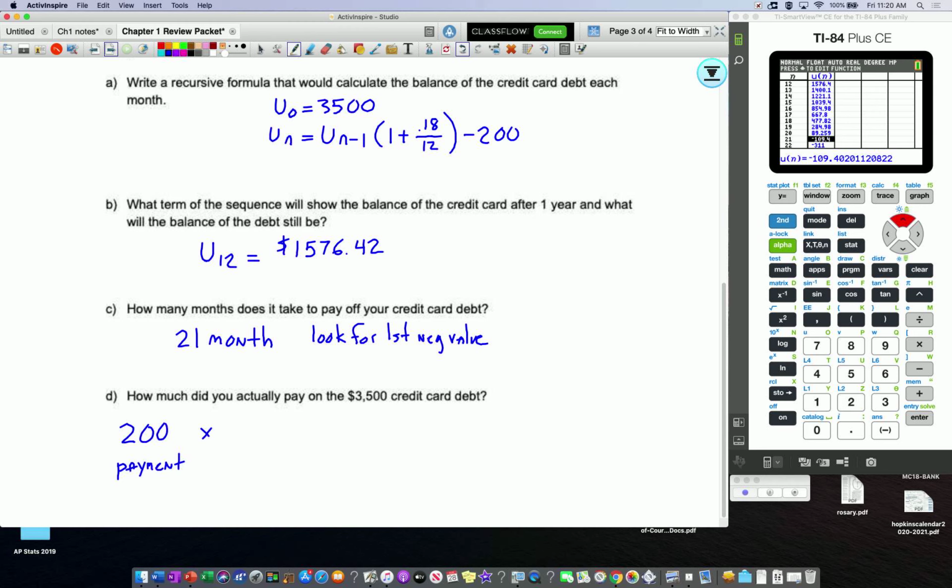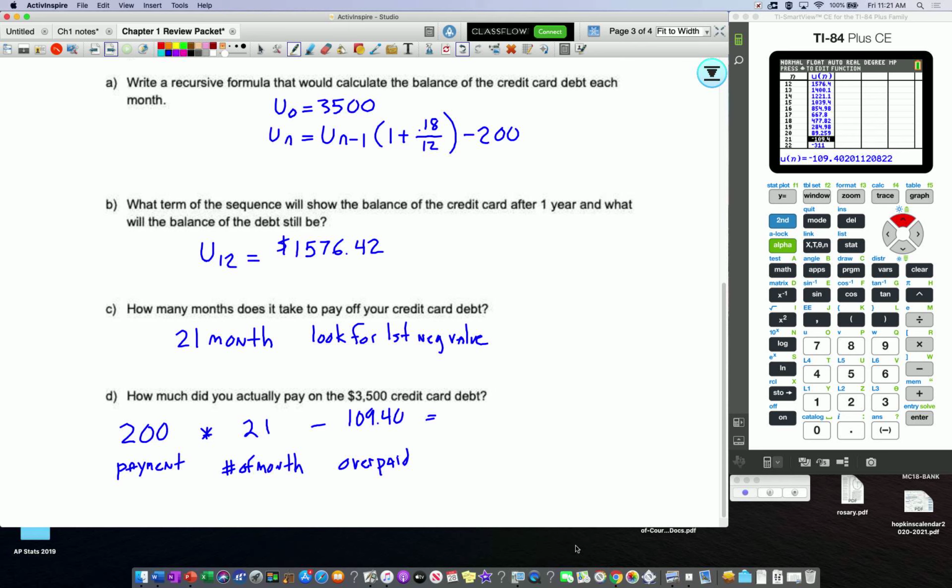I need to multiply that by 21, which was the number of months that I paid $200. However, that last month, I overpaid by, and that's where the calculator is so unbelievably helpful, I highlight this. I overpaid by $109.40.